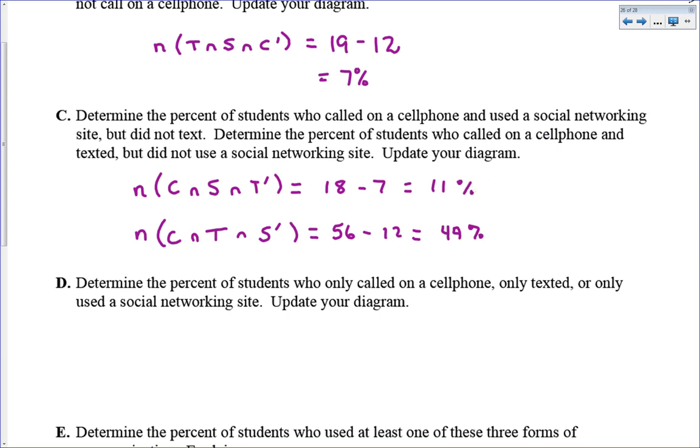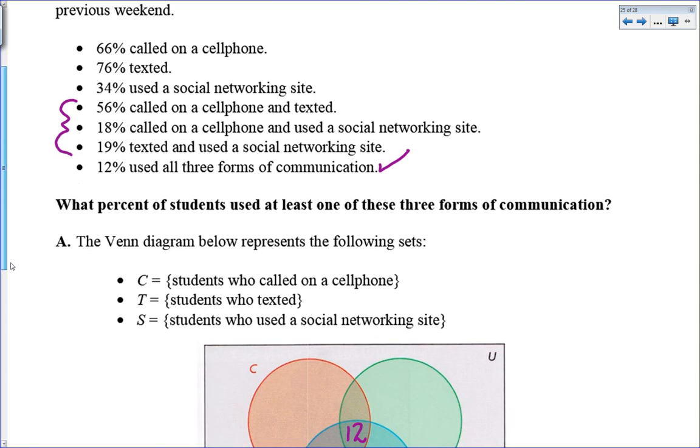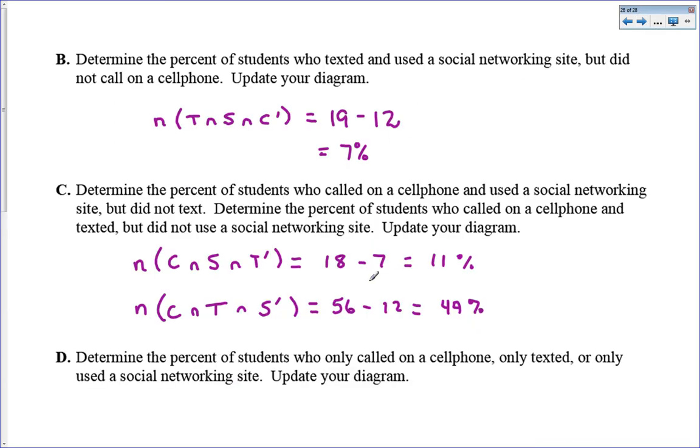Stupid pen, okay. So we can put that on our Venn diagram in the appropriate places. So we have, did I do something wrong there? Yes, 11 minus 7, 18 minus 12 I want, not 7. 18 minus 12.